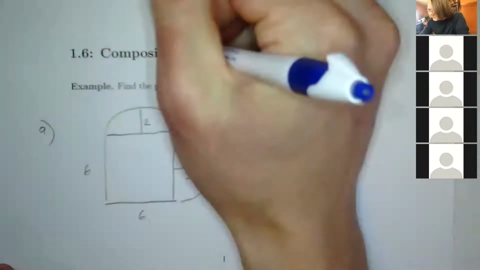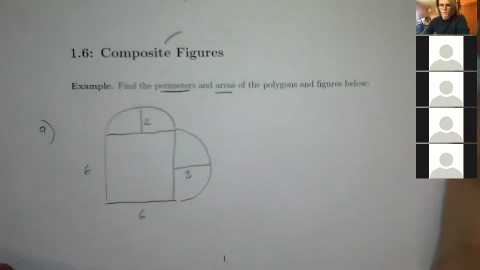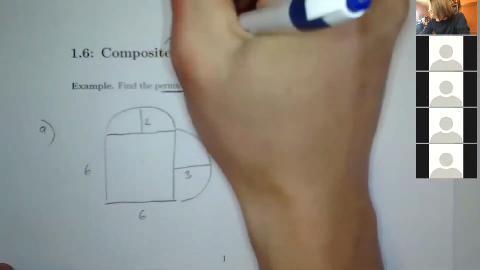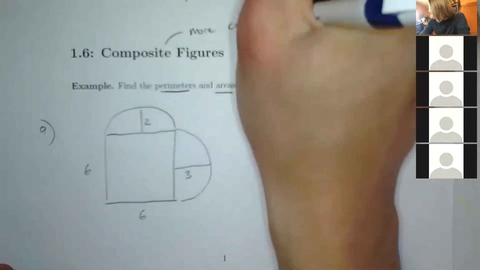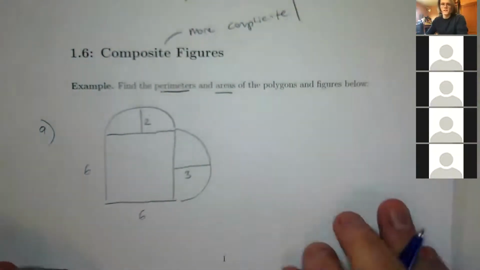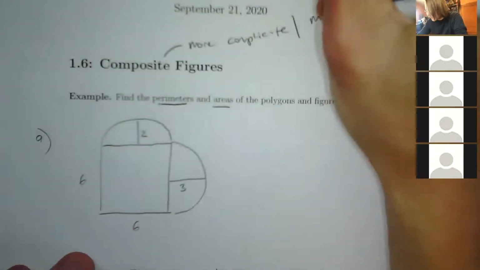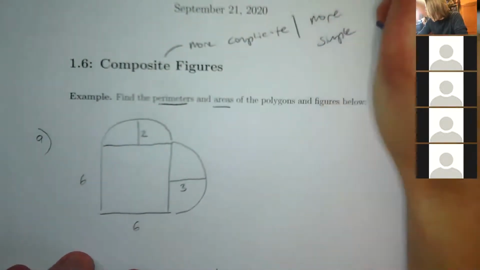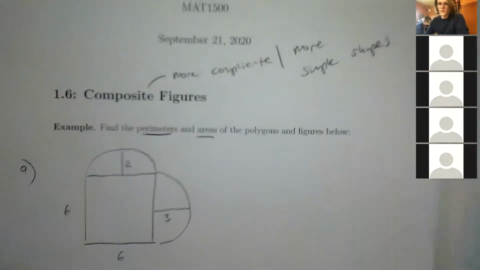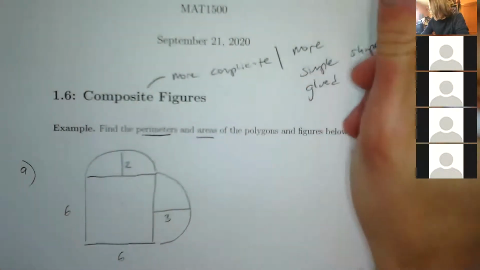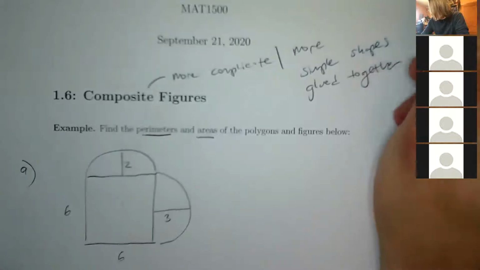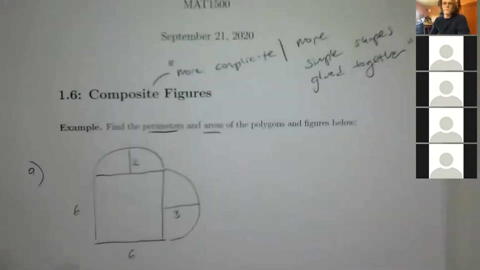Composite here just means more complicated, and it also means a concatenation, like a bunch of more simple shapes glued together. That's all they mean by composite.